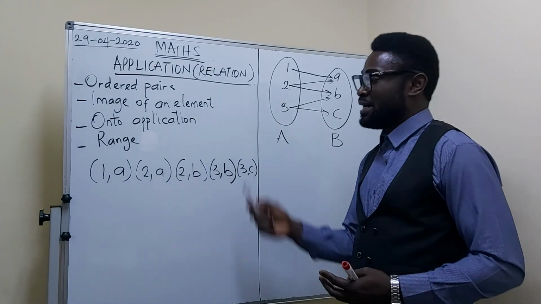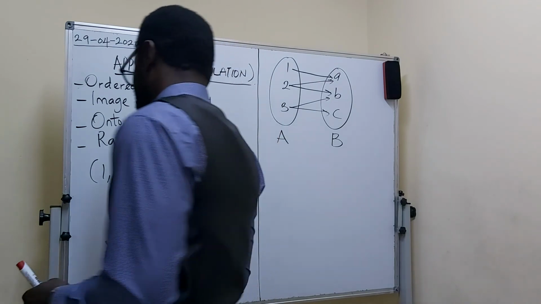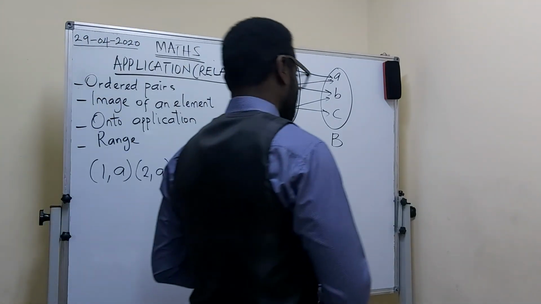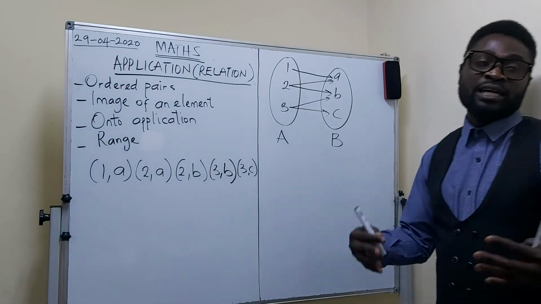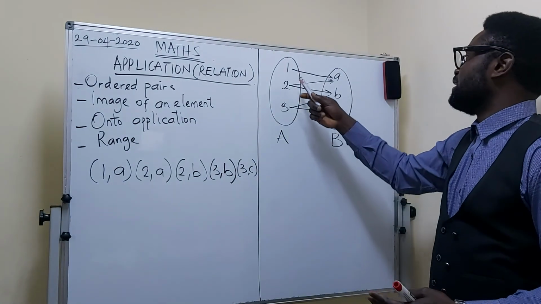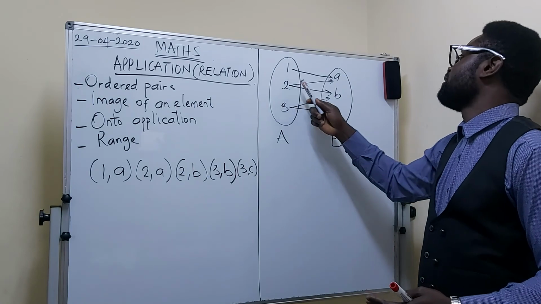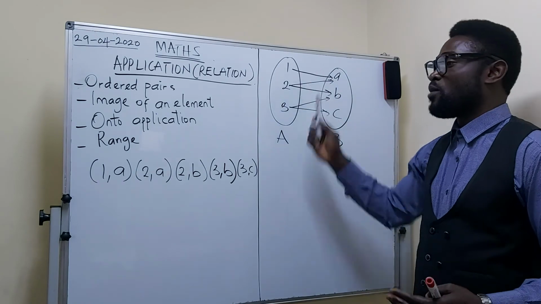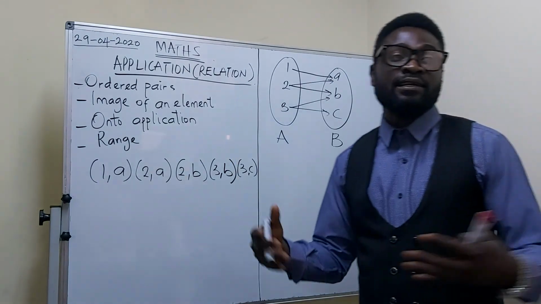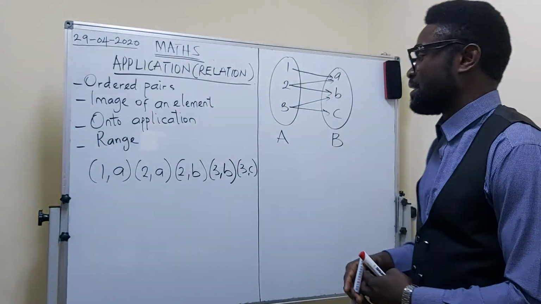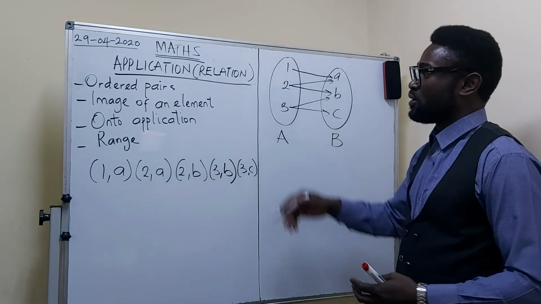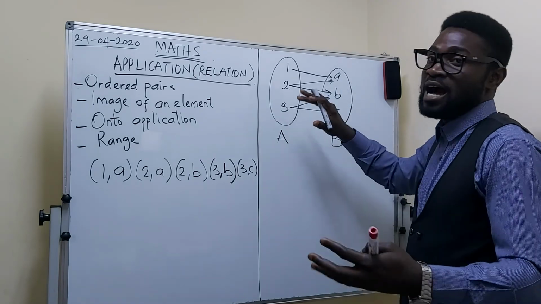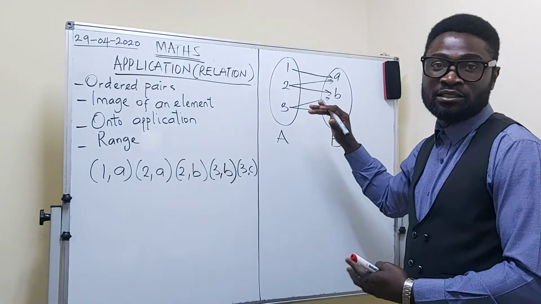Now, mathematically, under this topic, when we speak of image, we are talking about what is facing each other, just like you face your mirror. The image of 1 here is A, or the image of A is 1. Why? Because they are facing each other. Do you understand that? So, the image of an element is what it is arrowing, pointing to or joining with.